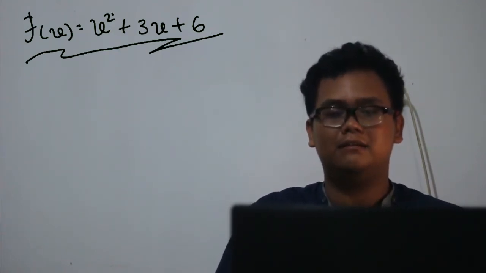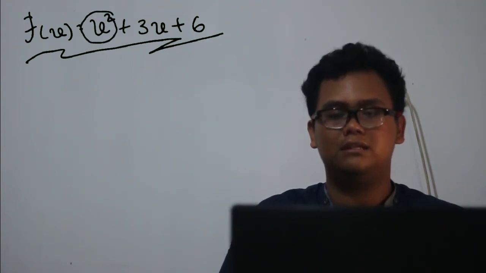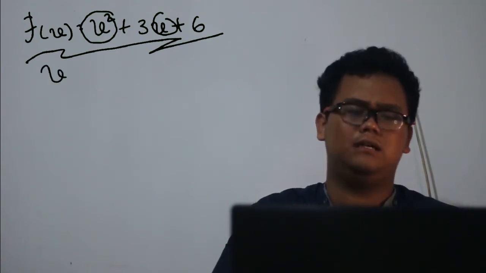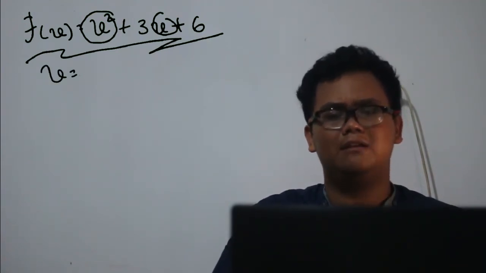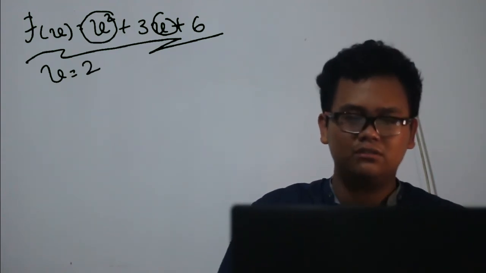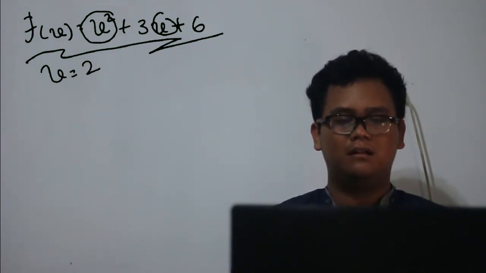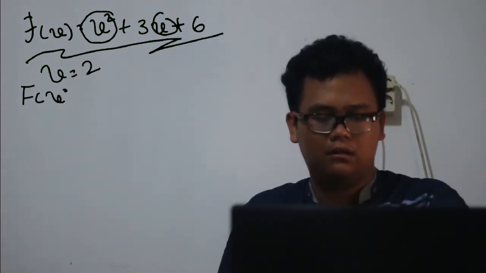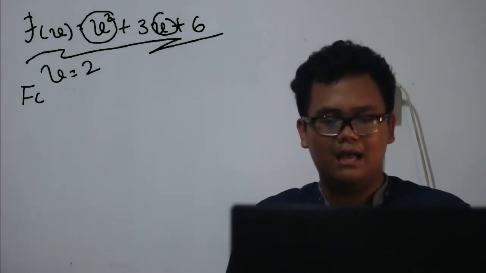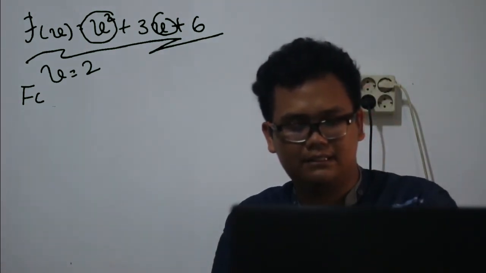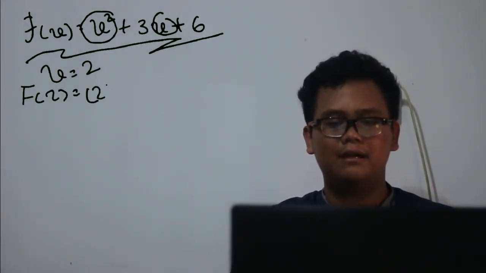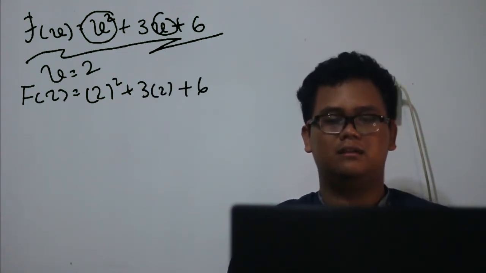This is the input, so we can input x. For example, x equals 2, so f of 2 equals 2 squared plus 3 multiplied by 2 plus 6.